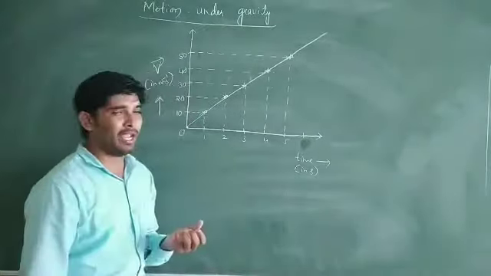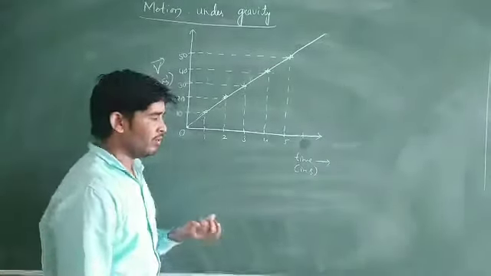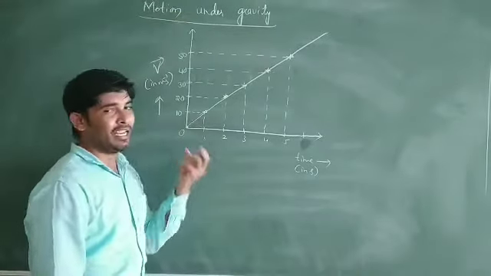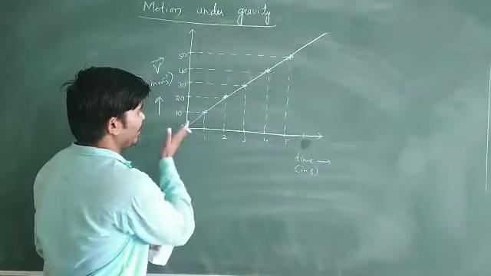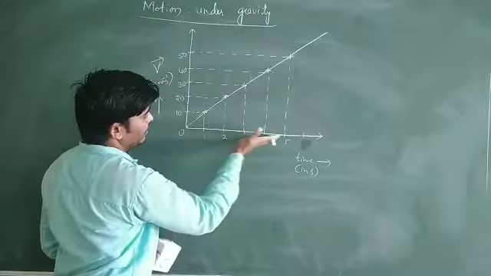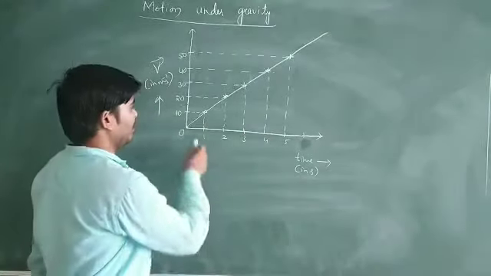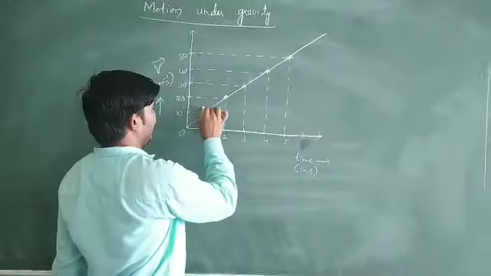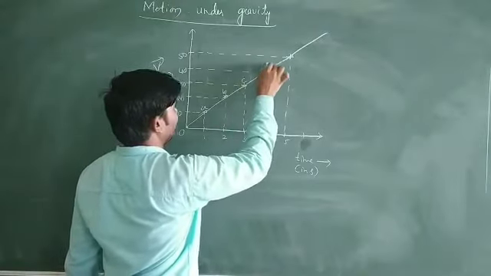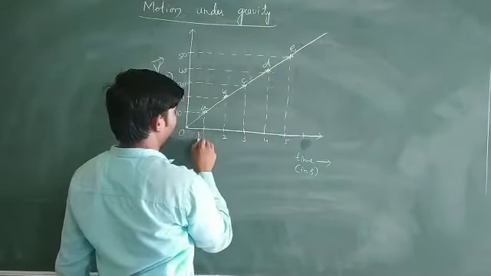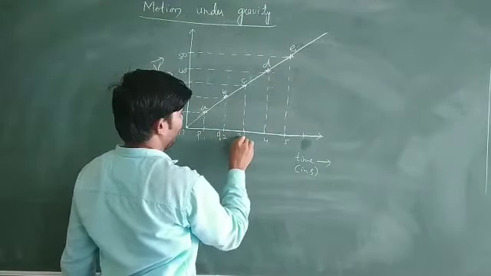Here the displacement can be found by finding the area enclosed between the straight line and the time axis. Just give the names here: O, A, B, C, D, E, and P, Q, R, S, T.